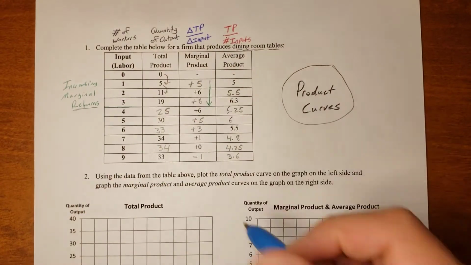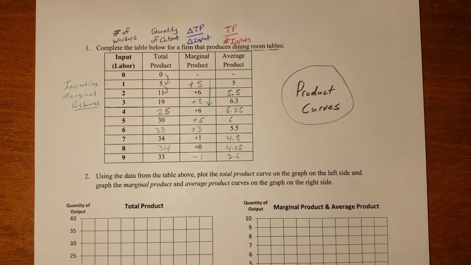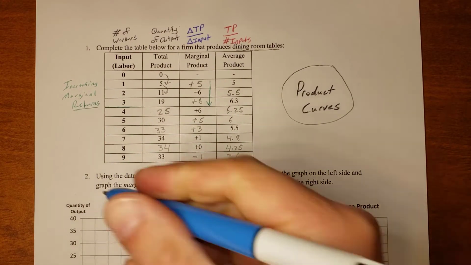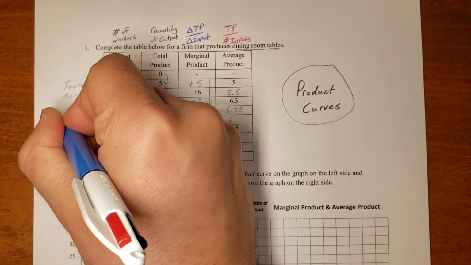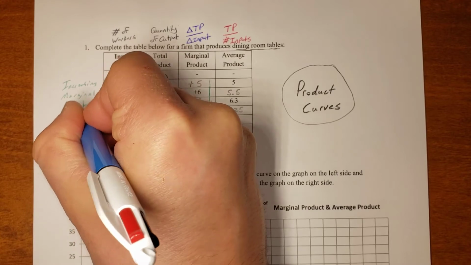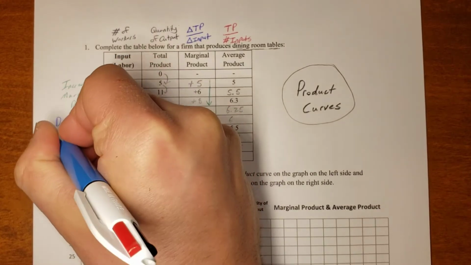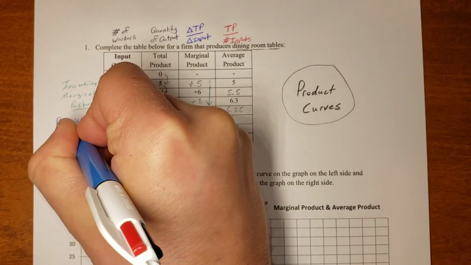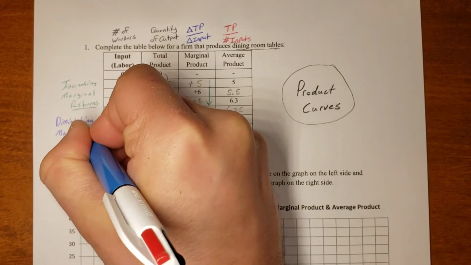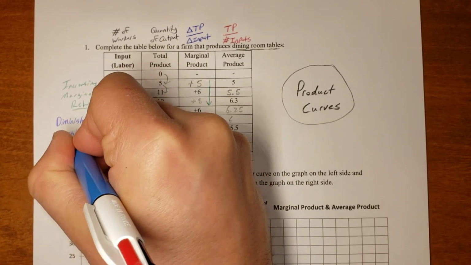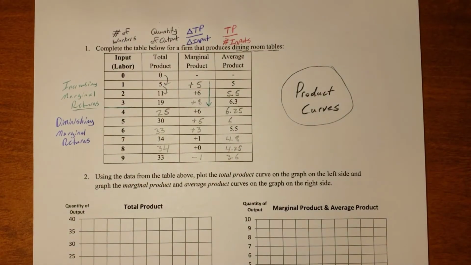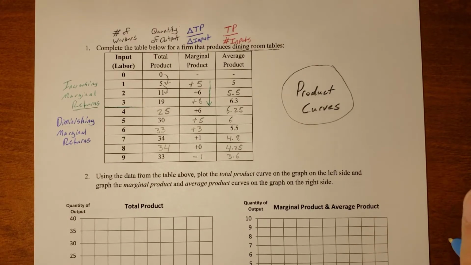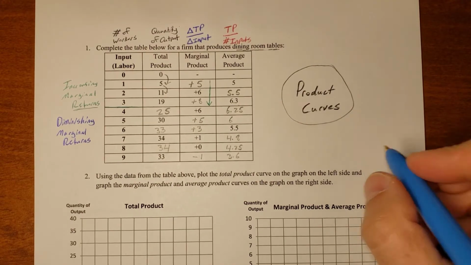However, once we get to the 4th unit of labor, we start to run into what economists call diminishing marginal returns, or the law of diminishing marginal returns, sometimes called decreasing marginal returns.